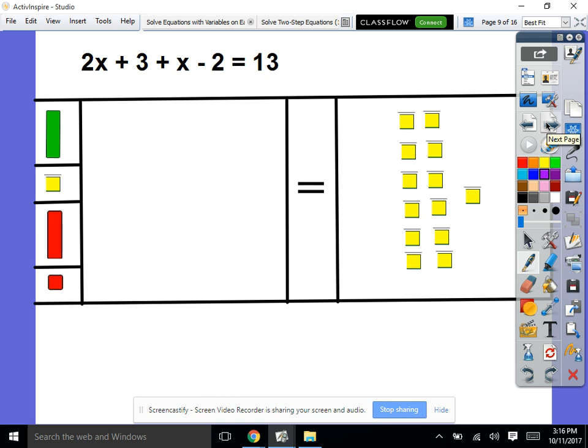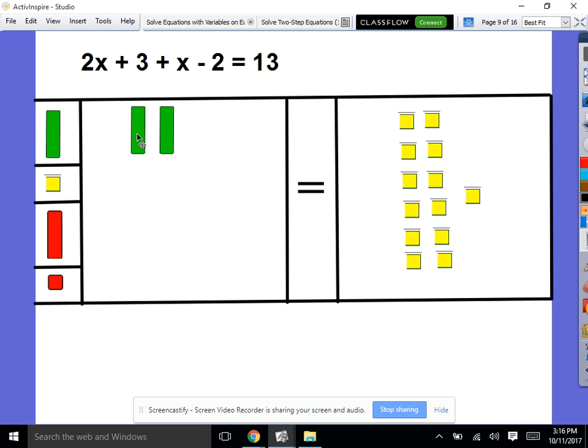All right, so if we wanted to model 2x plus 3 plus x minus 2 equals 13, well, you can see I've already got the 13 up there because I didn't want to drag all those out. But 2x plus 3 plus x minus 2.